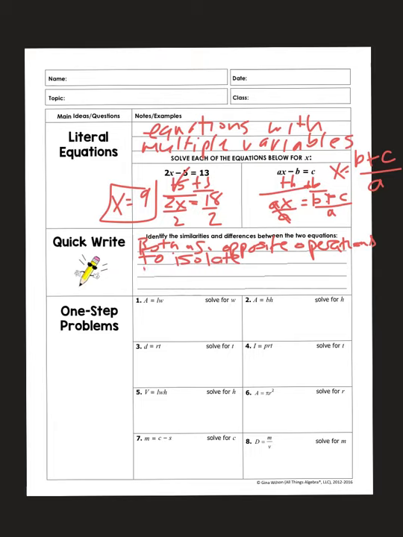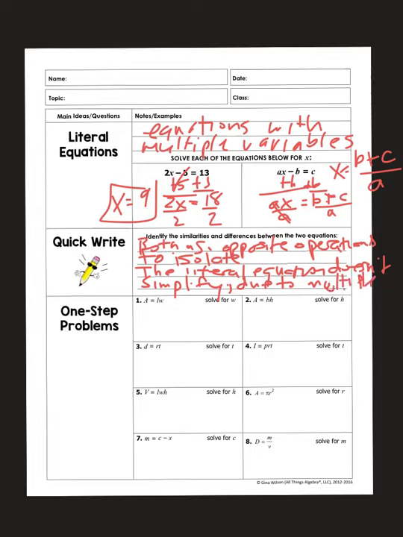The literal equation doesn't simplify due to multiple variables.